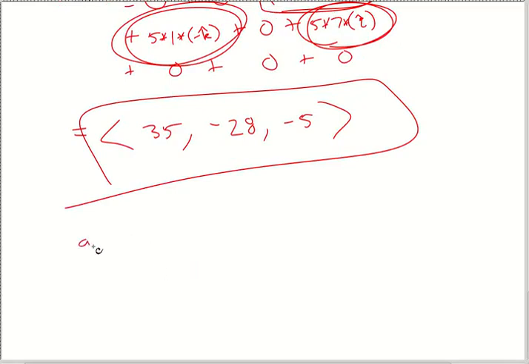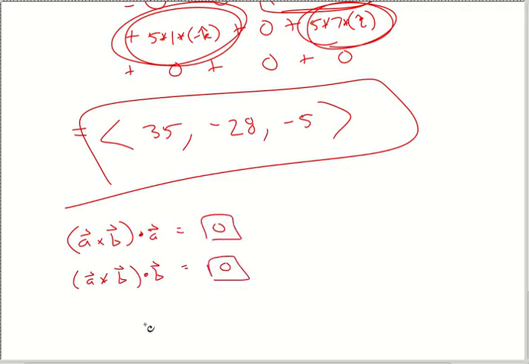They also want in this problem A cross B dot A, and also A cross B dot B. I'm going to tell you the answer is always a 0, and that's a 0 scalar because the dot product results in a scalar while the cross product is a vector.